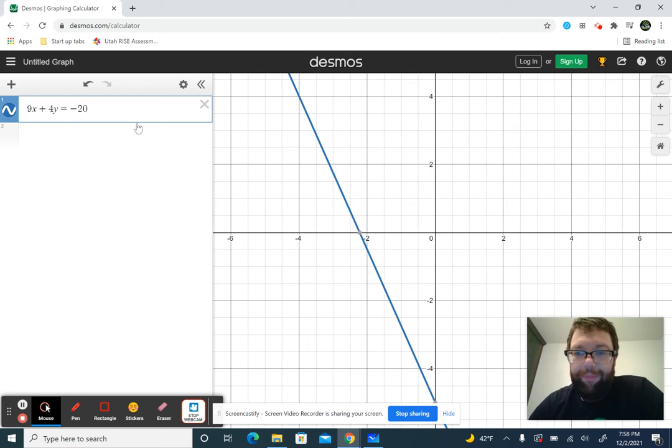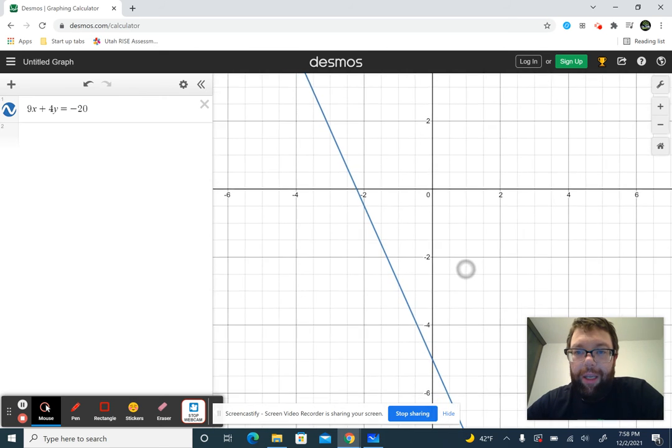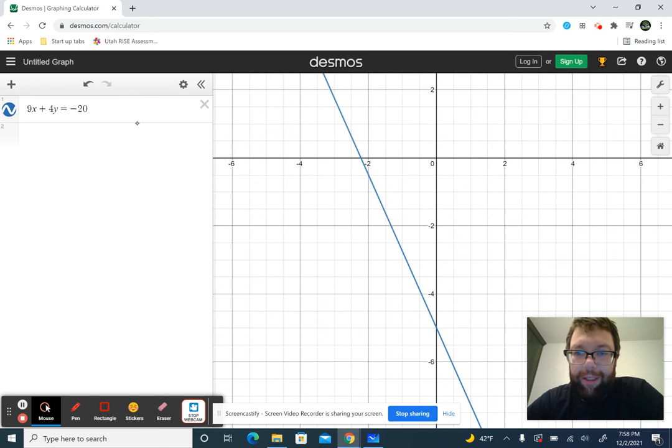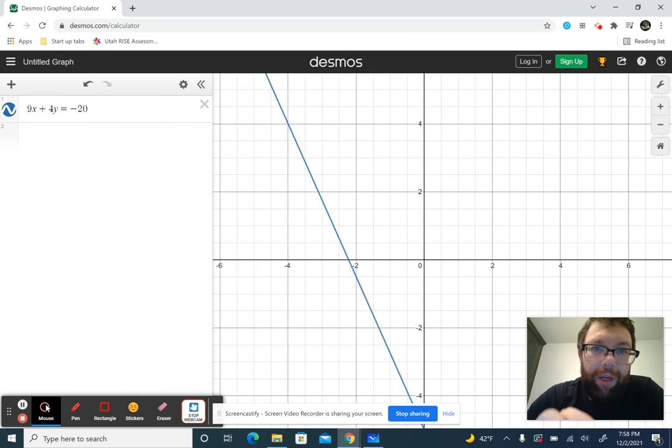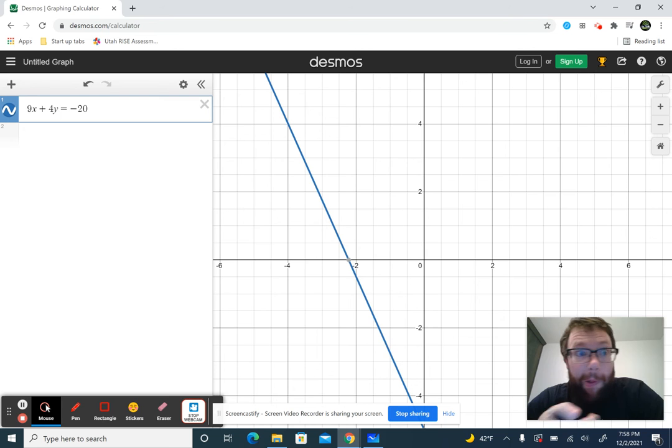And there's my line. I can go to where it intercepts the y-axis. Looks like it hits right here at -5. Okay, 0, -5. And the next time it hits an intersection on the grid is up here at -4 and 4. So there are 2 points.